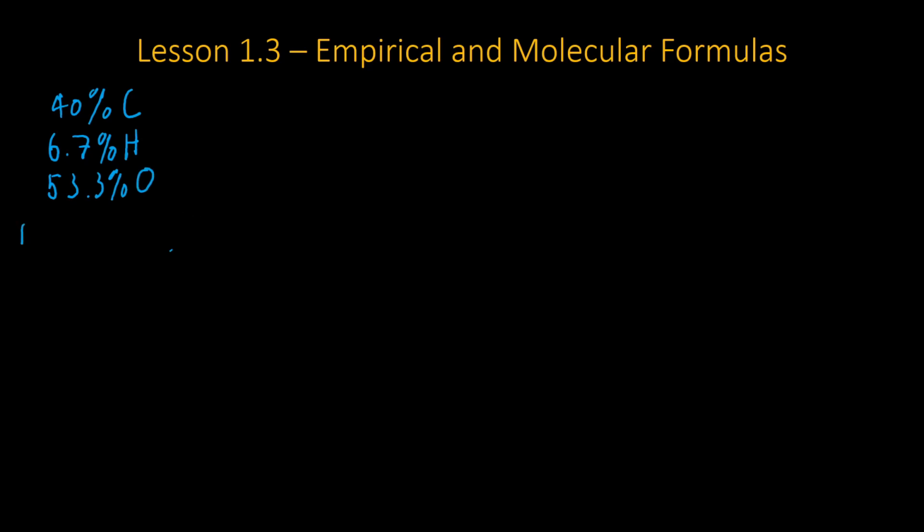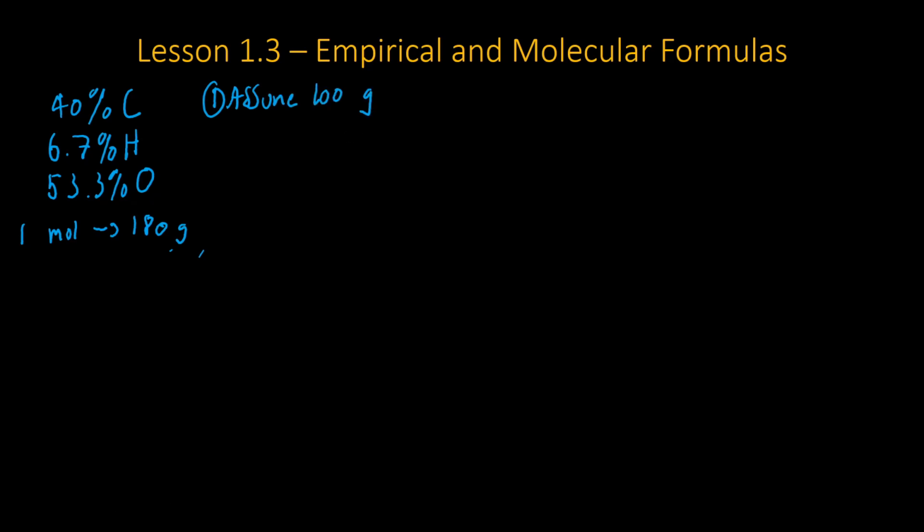Given that 1 mole of my compound weighs 180 grams per mole, what is its molecular formula? So when it comes to finding out, the first thing we have to do is you assume a 100-gram sample.